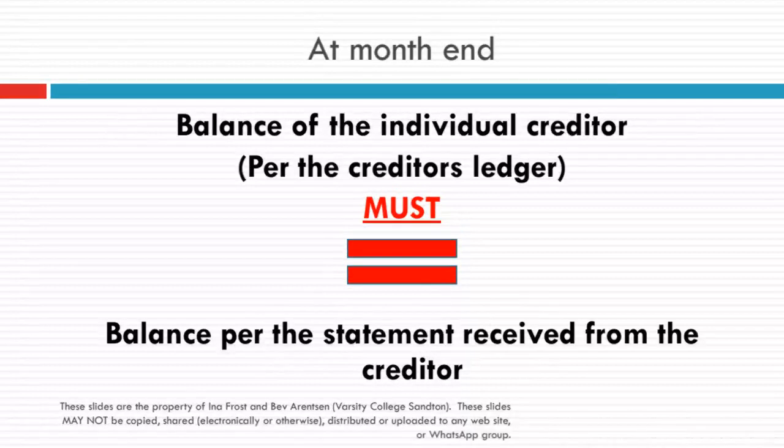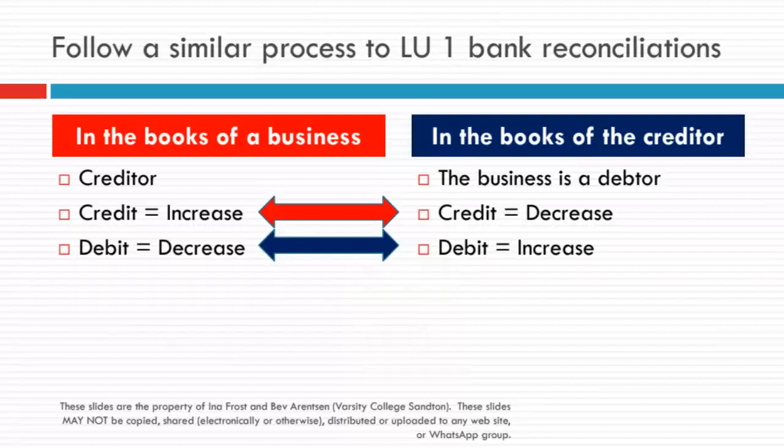But also, at the end of the month, the individual balance for a particular creditor should also be the same or equal to the balance that the creditor represents from their side on their statement. And we're going to follow a procedure very similar to what we did in Learning Unit 1 when we were looking at bank reconciliations.